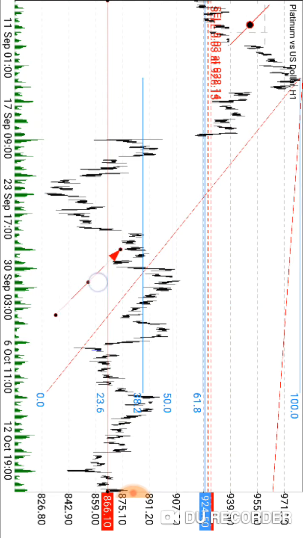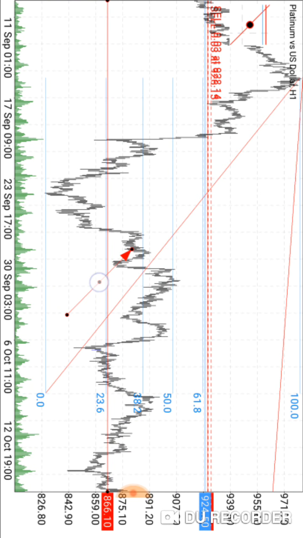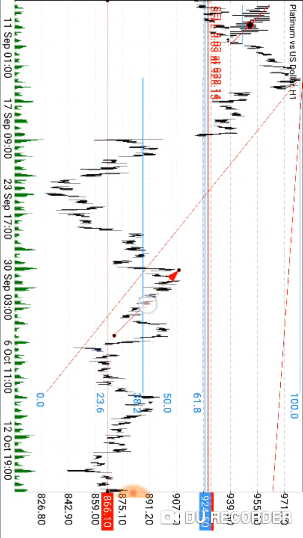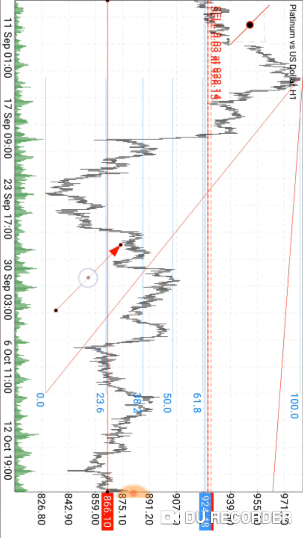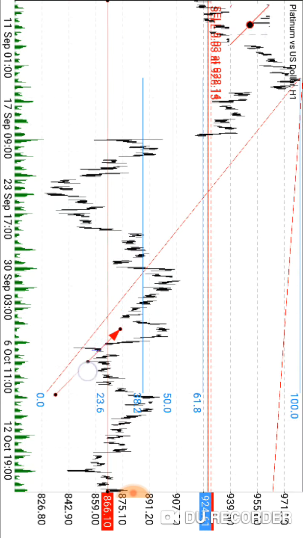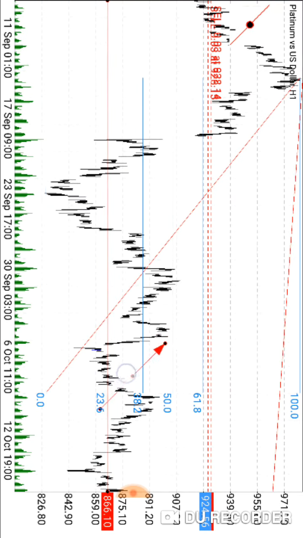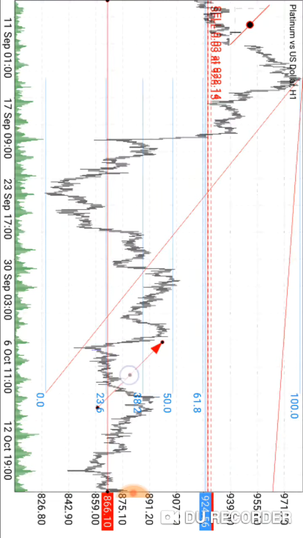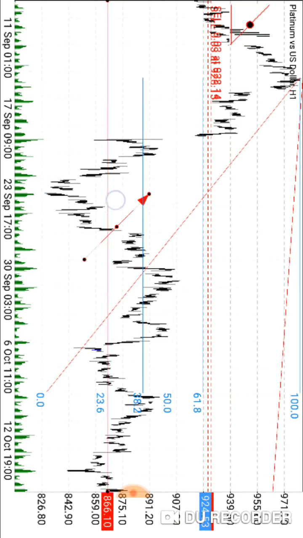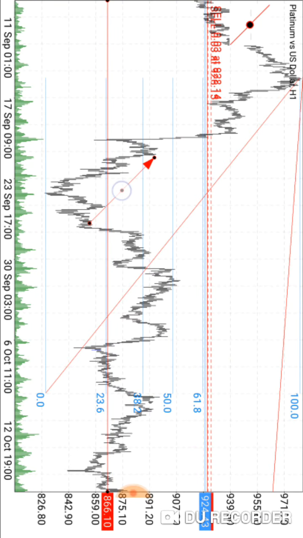Down here you can call this place a resistance level, but up here you will call this particular area a support level. When it got to this support level, it reversed back to that particular area again.